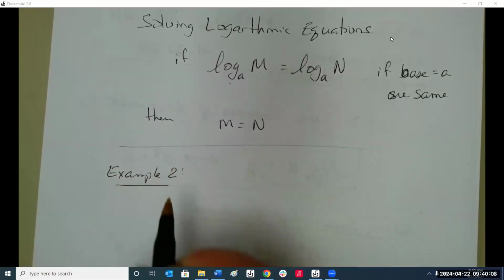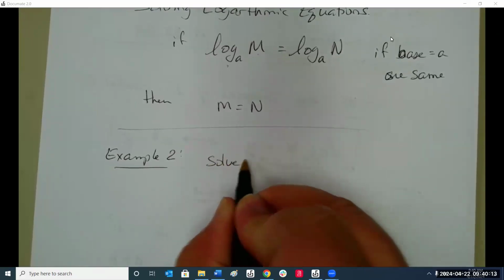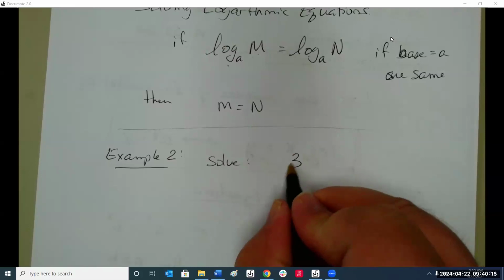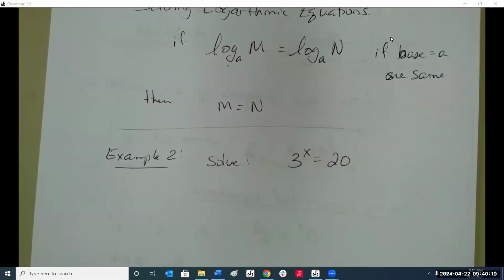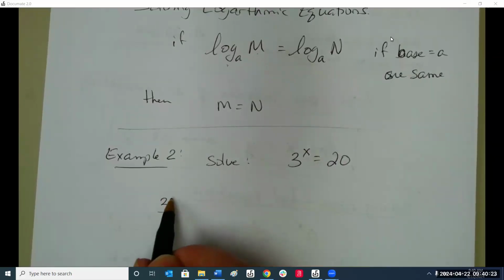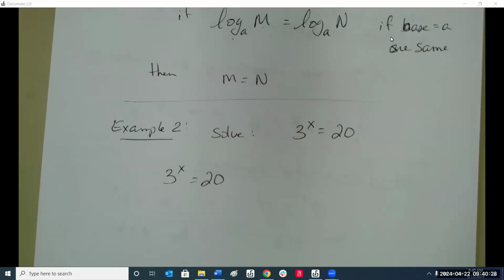Example 2. 3 to the x equals 20. How would we solve that?